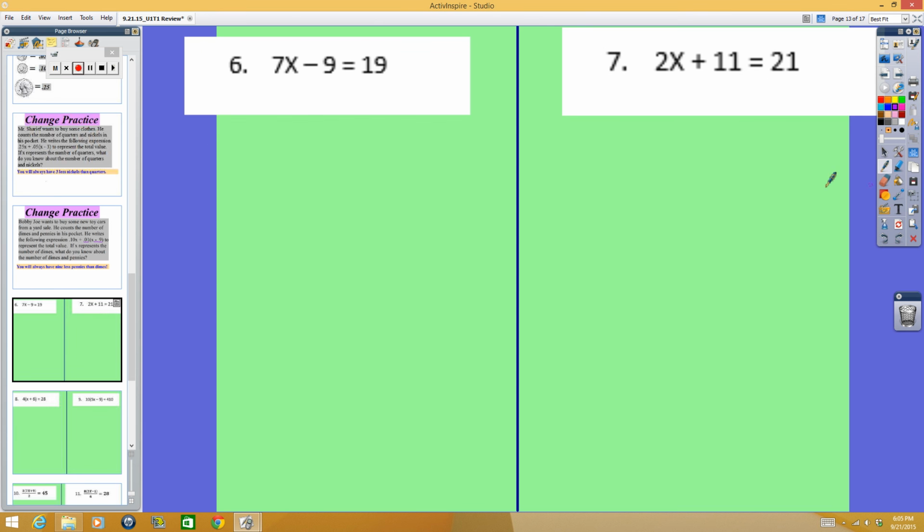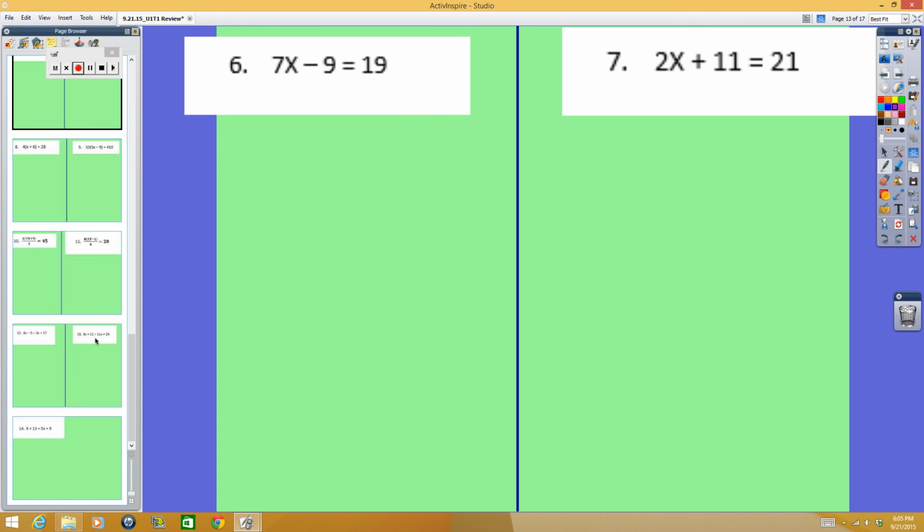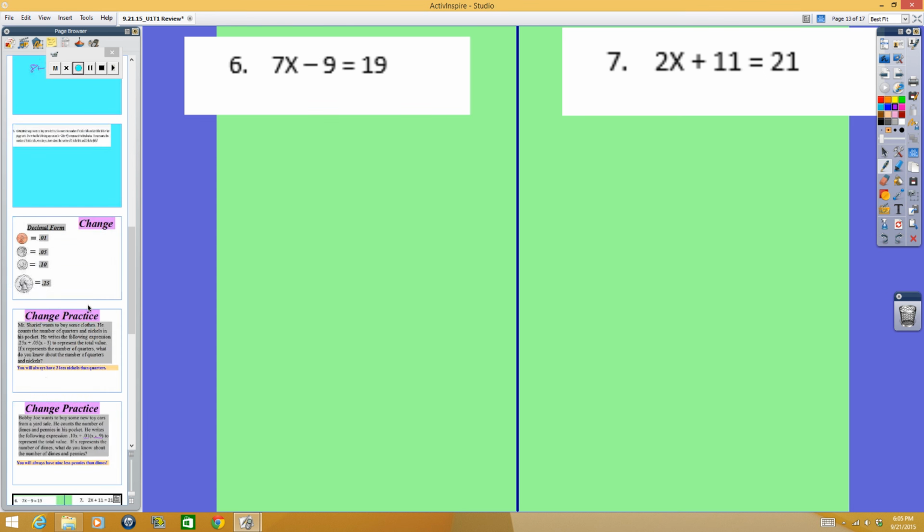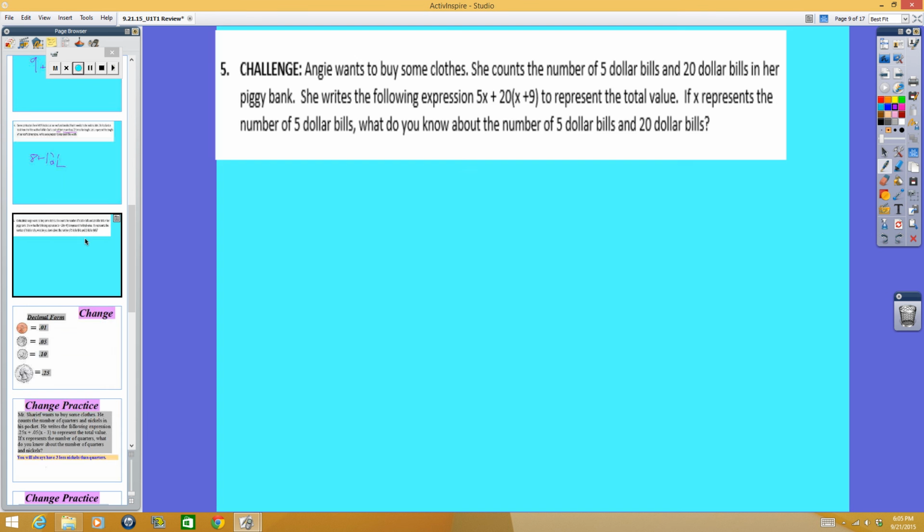I will do every single problem, so if you're kind of advanced and you're ready to skip down to number 12, that's cool. I'll do that. Ooh, I lied. I'm going to go back to number 5. 5 represents $5 bills in this problem, and 20 represents $20 bills.